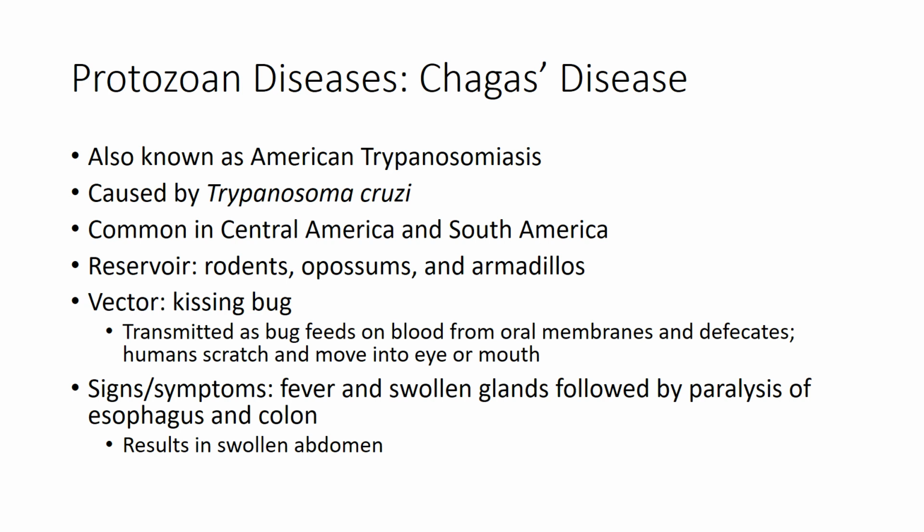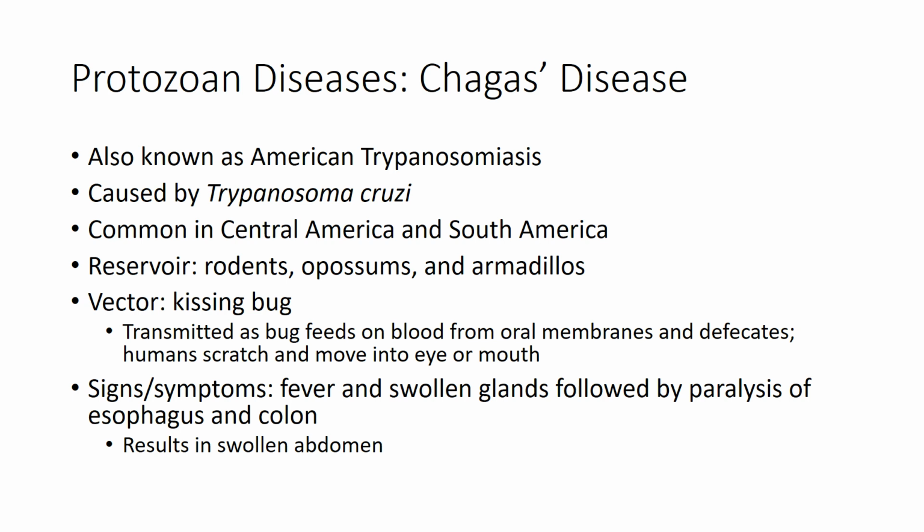Chagas disease is caused by the protozoan Trypanosoma. Trypanosoma typically lives inside of rodents, possums, and armadillos. The Chagas disease infection is transmitted by a bug known as the kissing bug. The kissing bug will take a blood meal from the oral membranes.